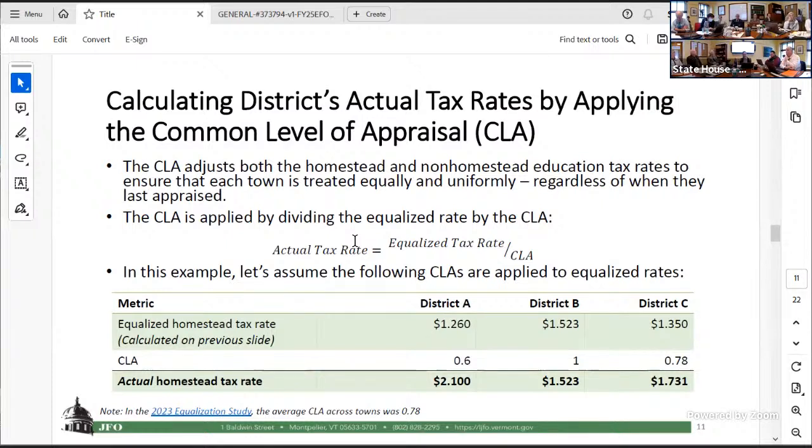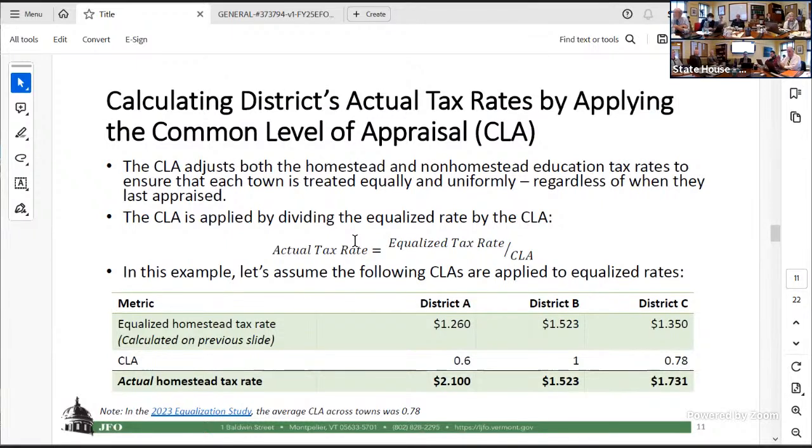So you can think about it: if the CLA is below 100%, that will in turn increase the equalized tax rate to account for it. And if the CLA is above 100%, it will adjust the equalized tax rate down to also adjust for the fact that the CLA is over 100%.